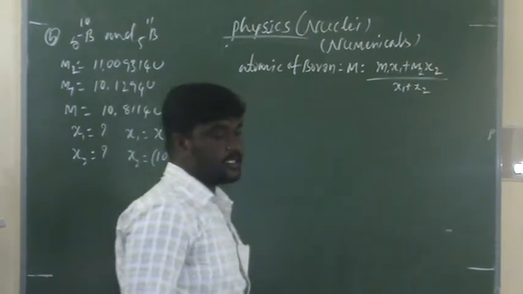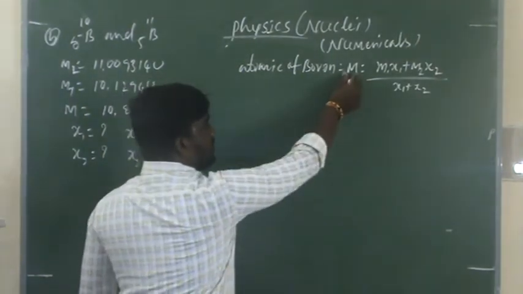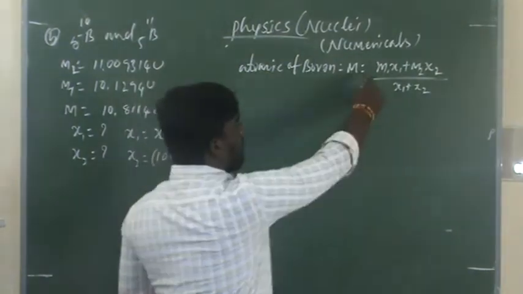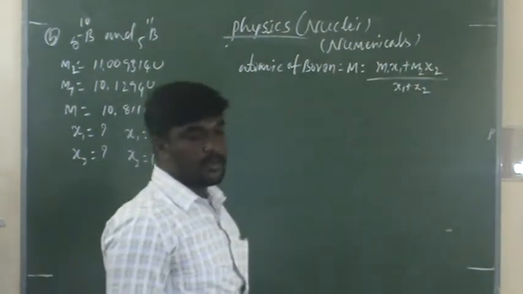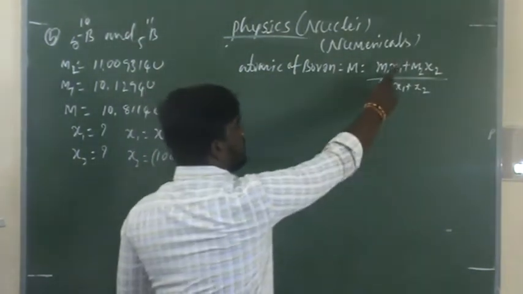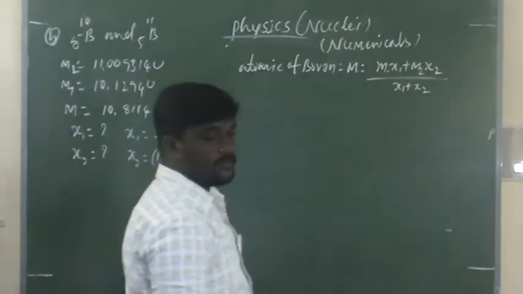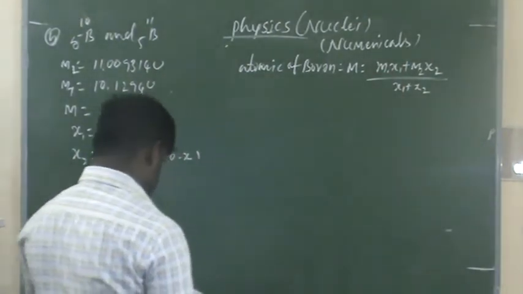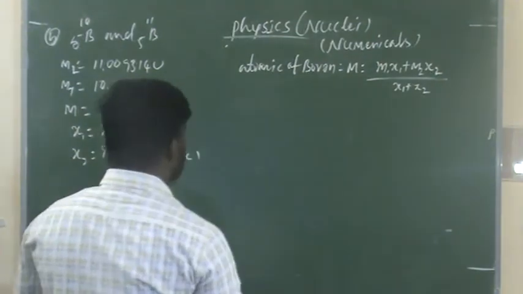What are the given things? The atomic mass is given, and the masses of the isotopes, m1 and m2, are given. What do we have to find out? We have to find x1 and x2. So listen.